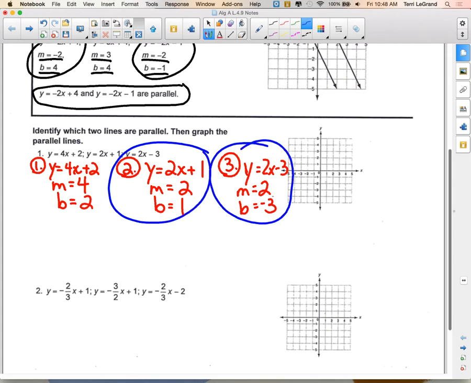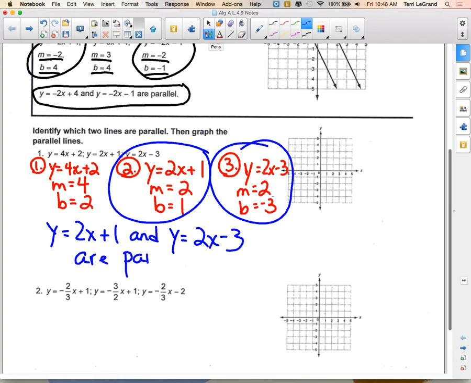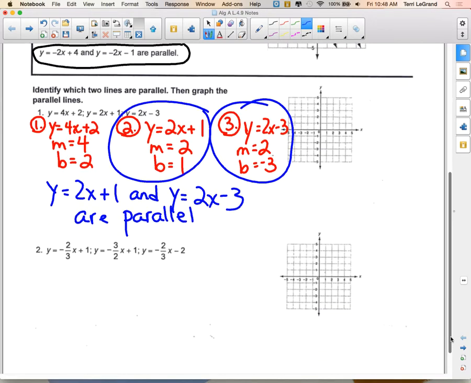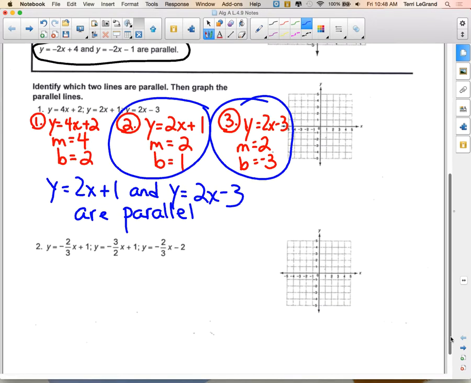And we're going to say that y equals 2x plus 1 and y equals 2x minus 3 are parallel. And then we're going to graph it to prove it.